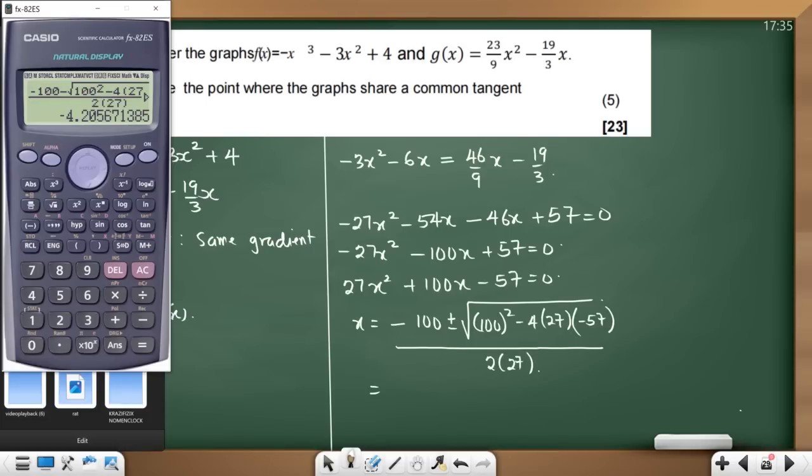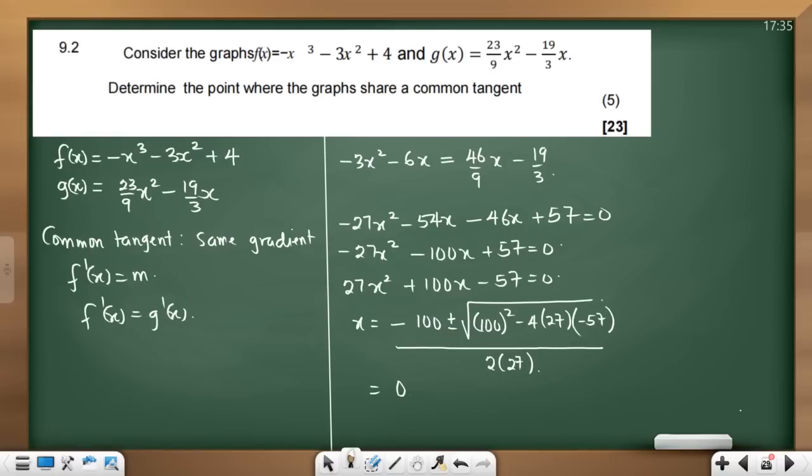What did we say our answer is? Negative 4,2 and 0,5.